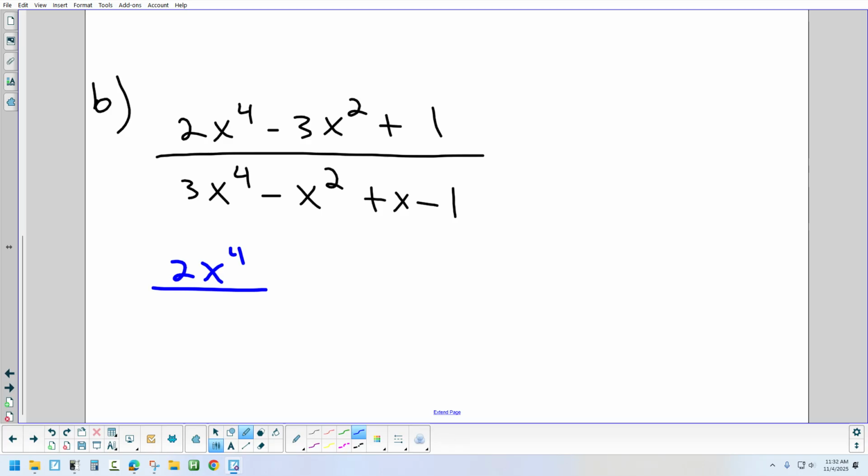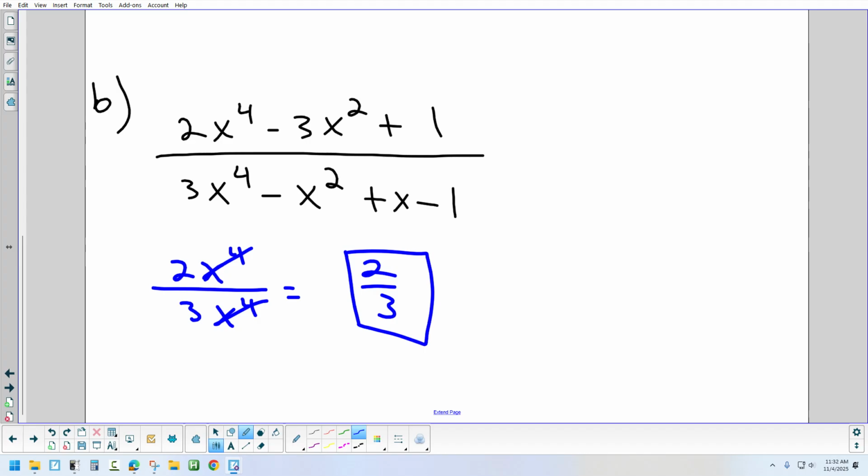It doesn't have to be the first one, so make sure you look at all of them, just in case they didn't write it in the correct order. Yeah, it is the first one, 3x to the fourth. Now, what's going to happen with my x's there? They all cancel out, and what am I left with? 2/3.